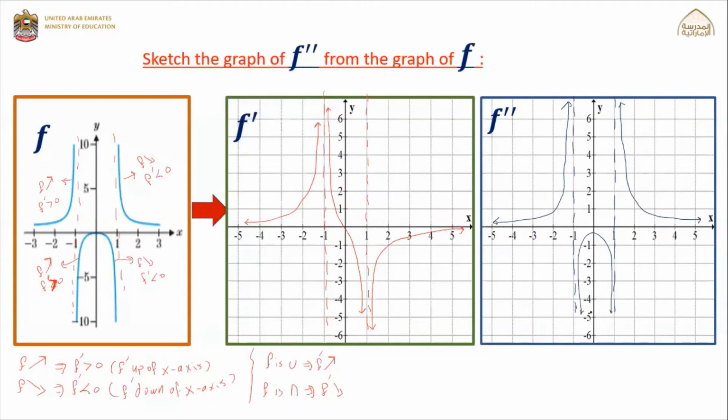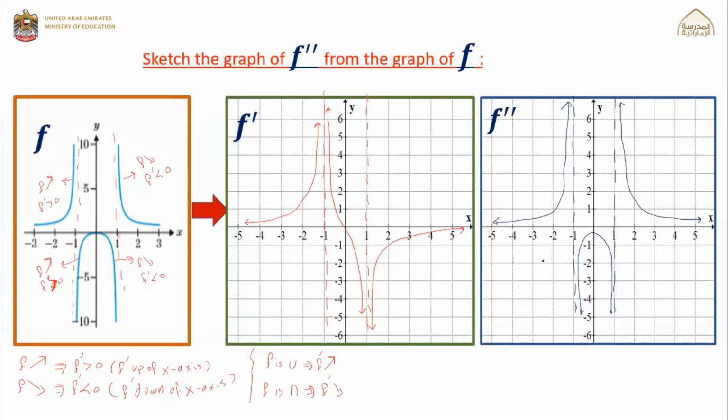Now, if I talk about why it's increasing here and decreasing here, look here. F prime from minus 1 to 0 is decreasing and concave up. F prime concave up means f double prime is increasing. From 0 to 1, f prime is also decreasing, but it is concave down.